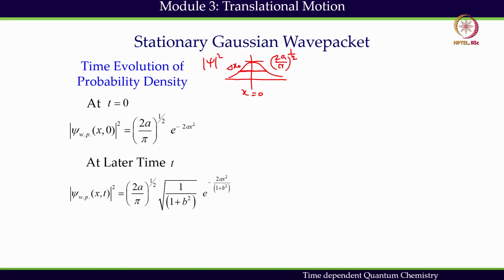Let us say at t equals 0 we had an initial width of the Gaussian delta x naught.